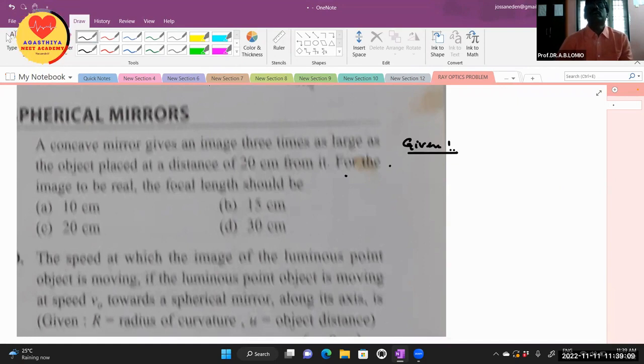A concave mirror gives the image 3 times as large as the object.